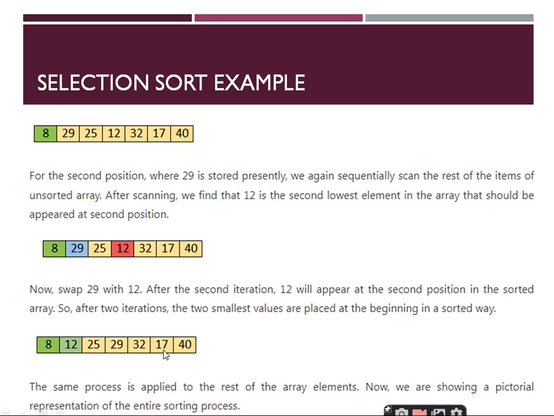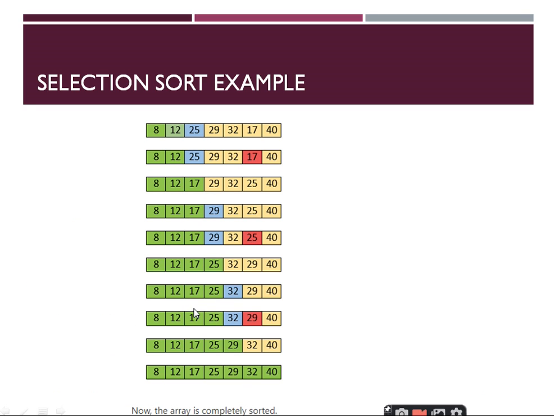We find that 17 is the next smallest element, and we swap it with 25, right? After swapping, this is the position of our list: 8, 12, 17 is the sorted part, whereas this is the unsorted part.